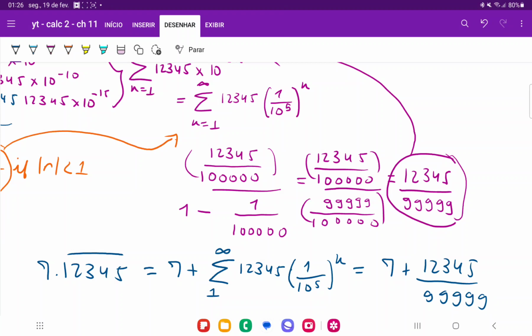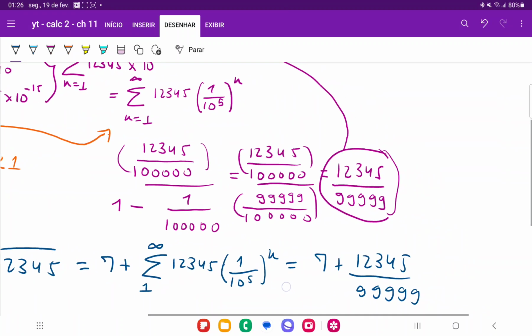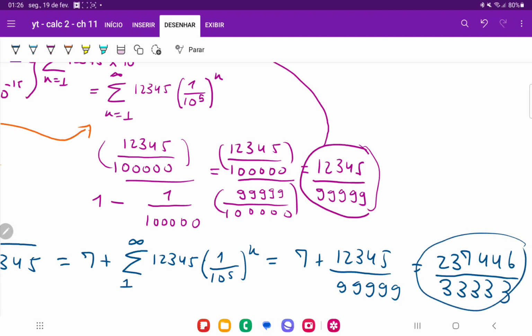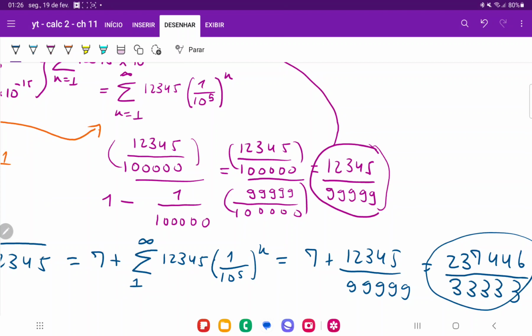So let's see what that gives us. 7 plus 12345. If we join these fractions, that's going to give us 237,446 over 33333. So this is the final answer when we sum up 7 with this fraction that we got, which was 12345 over all these 9s. So that's it for our final answer.